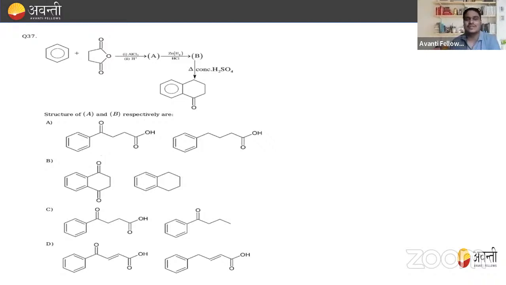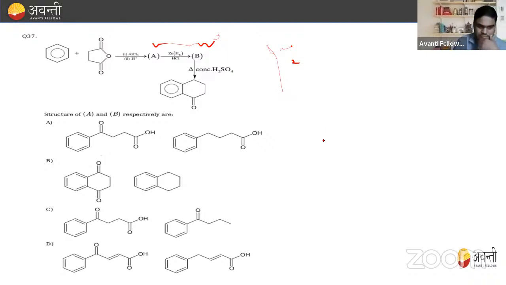So when this is treated with zinc amalgam and HCl, compound B is formed. Now when compound B is treated with concentrated H2SO4, this formation takes place. You have to identify the structure of A and the structure of B.